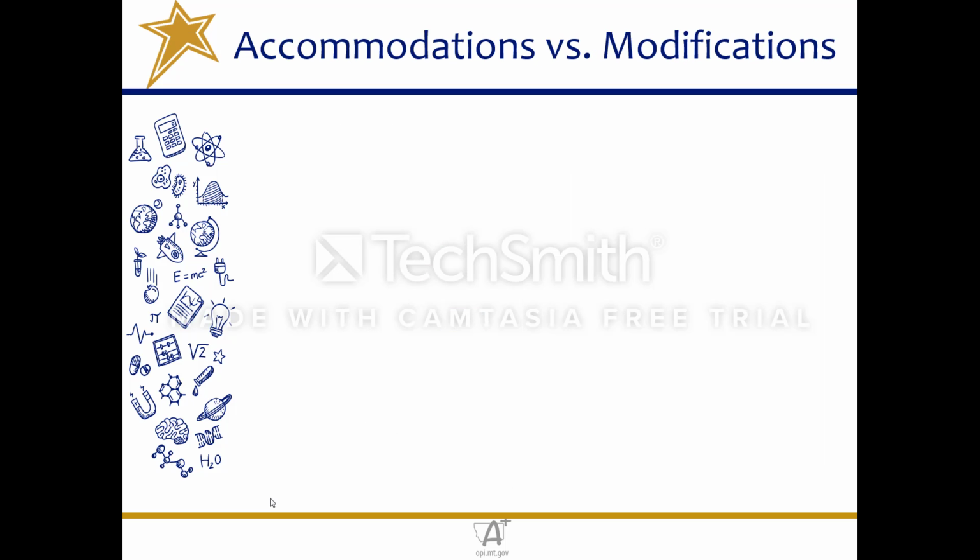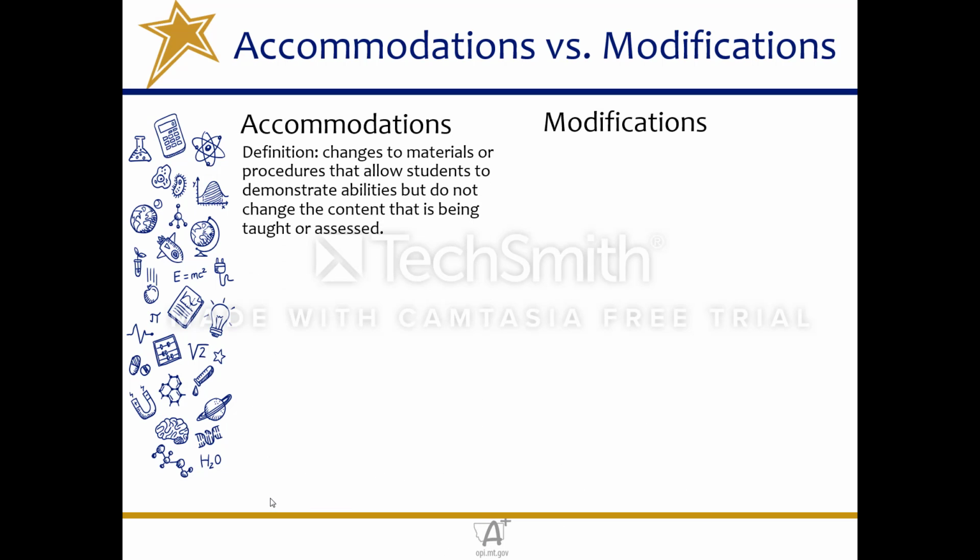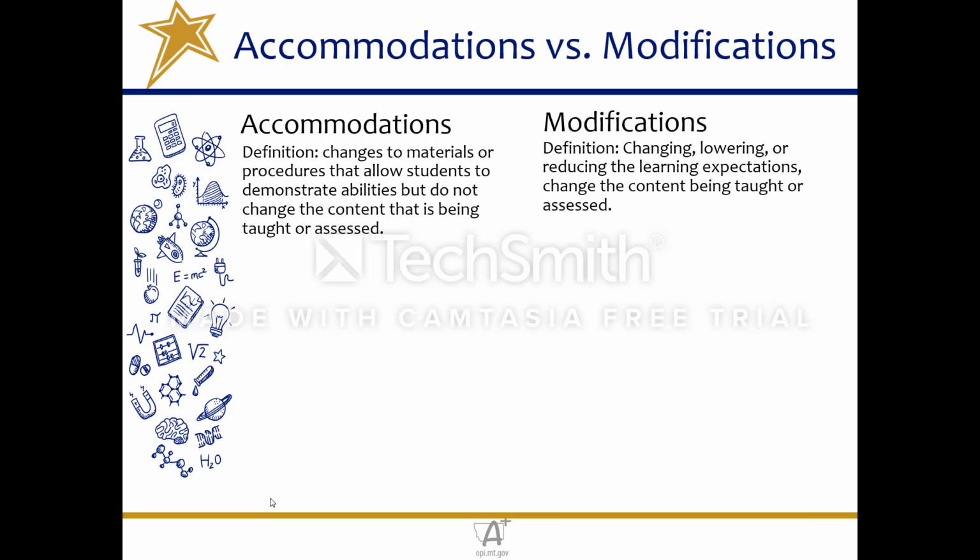Often there's confusion about the differences between accommodations and modifications. Accommodations are changes to the materials or procedures that allow students to demonstrate abilities, but do not change the content that is being taught or assessed. Modifications change, lower, or reduce the learning expectations. Because the content that is being taught is changed, modifications reduce learning expectations and result in increased gaps in learning.